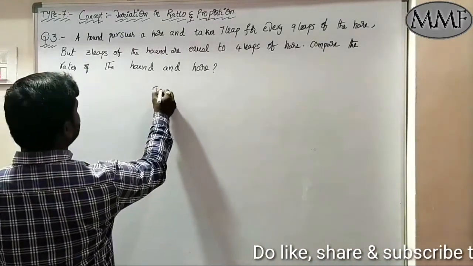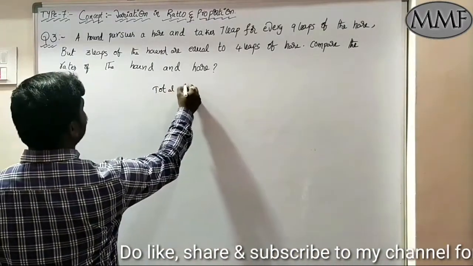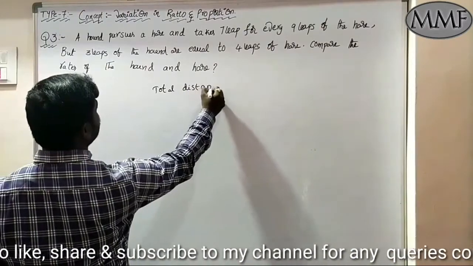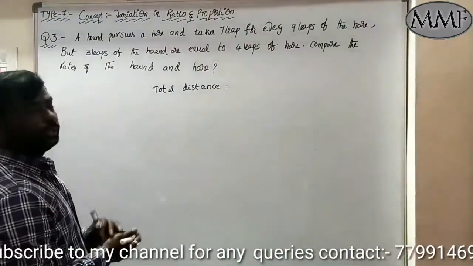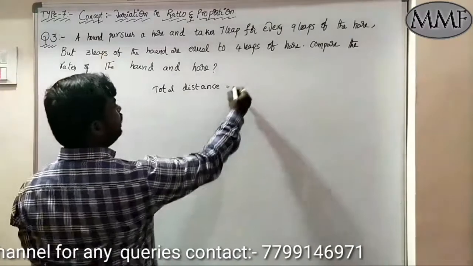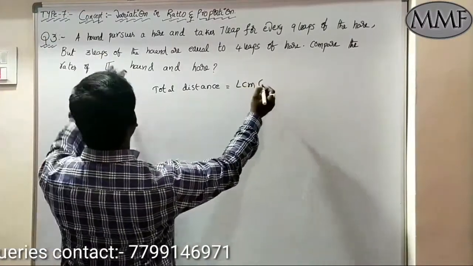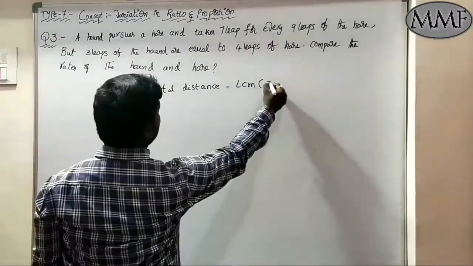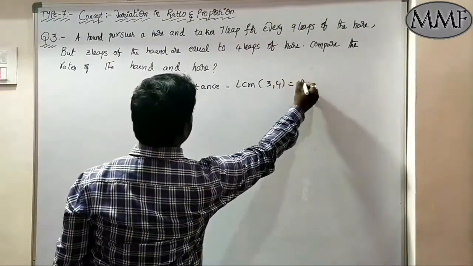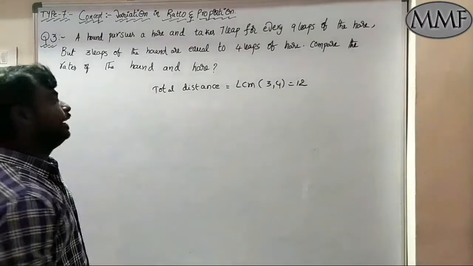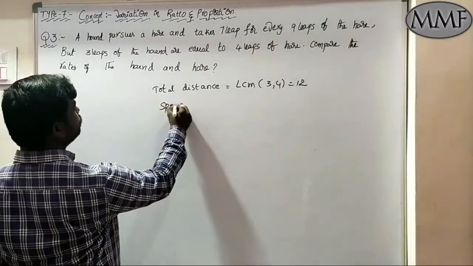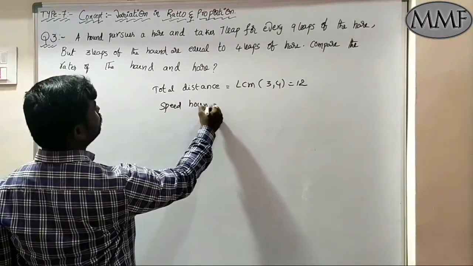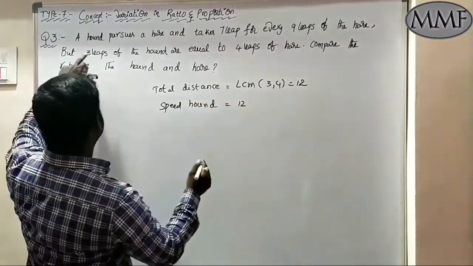So the total distance is equal to, what is the total distance covered? It is the LCM of 3 leaps of hound equal to 4 leaps of hare. The LCM of 3 and 4 is 12. Then speed of the hound is equal to 12 divided by 3.